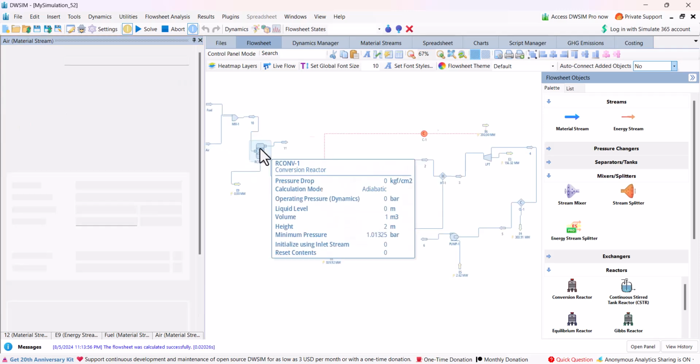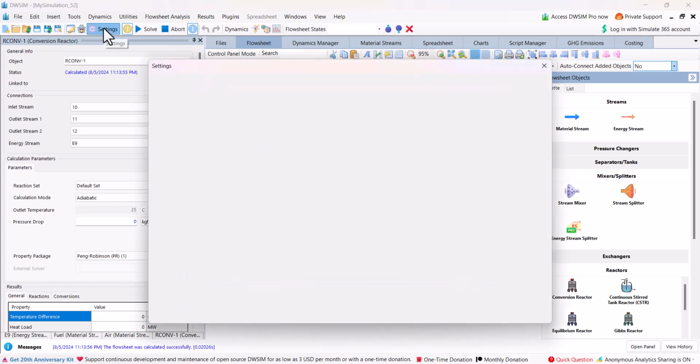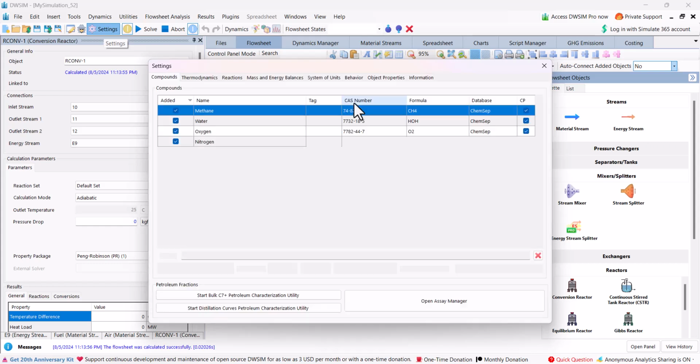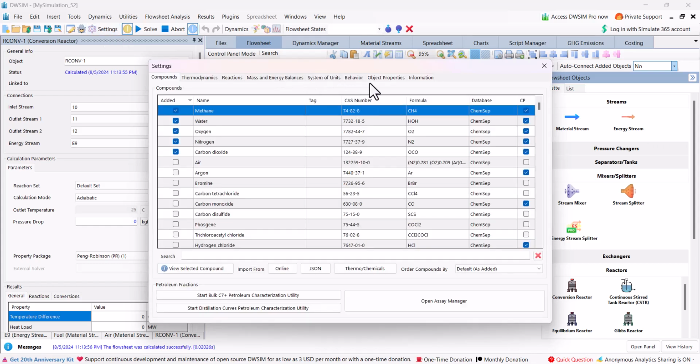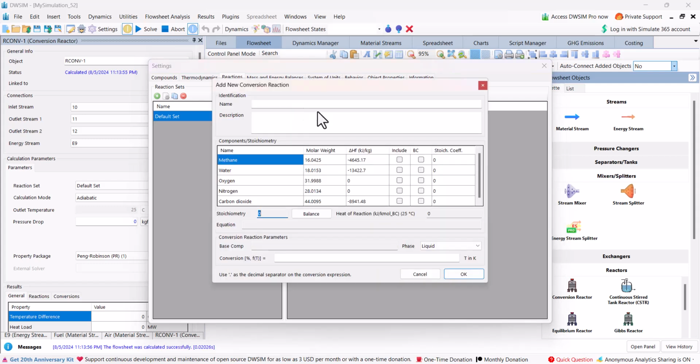For the conversion reactor, we need to add a reaction set. So we go to settings. We'll go to reactions, add conversion reaction. Methane is included, water is included, oxygen is included, and carbon dioxide is included.